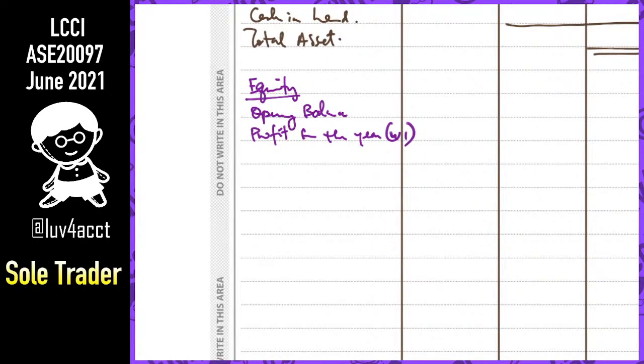Apart from this opening balance, you have additional capital during the year, because for the purchase of machinery, part of it is provided by the loan, and then part of it is provided by Jesse.